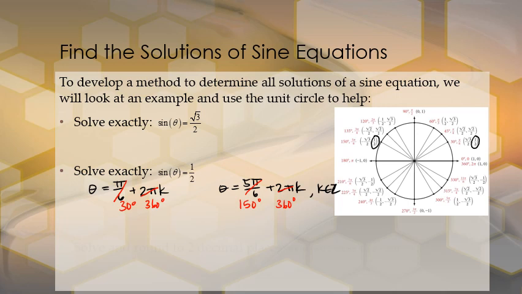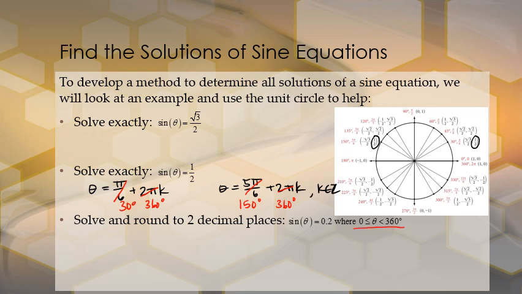I think I've got one more example for you. Solve and round to 2 decimal places. Sine of theta is equal to 0.2, and in this case I know that my theta is in degrees, and not only that, but it's not all of the degrees. It's only the degrees located between 0 and 360. So I'm going to just go ahead and show my work here.